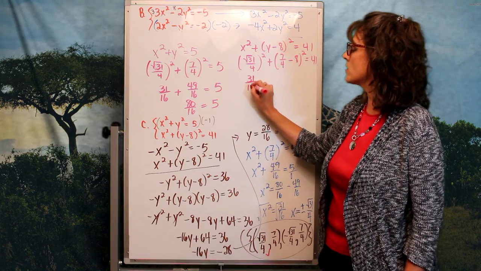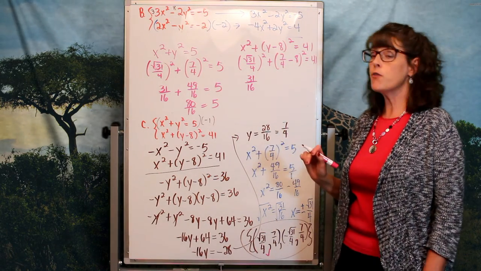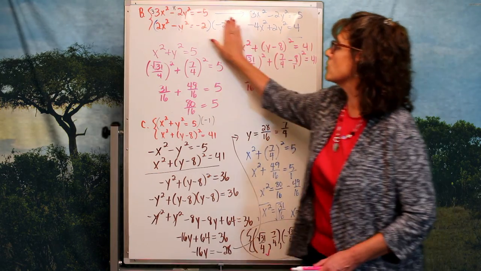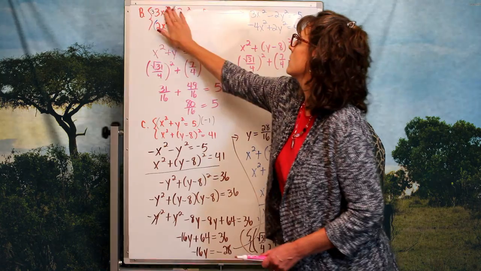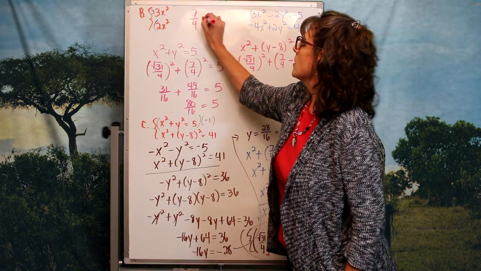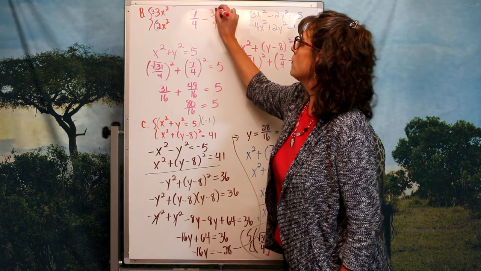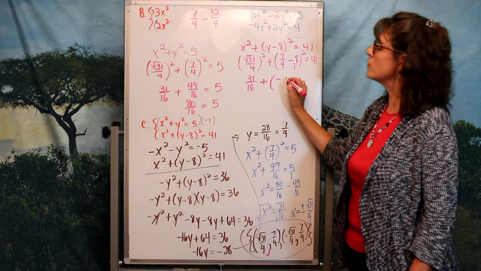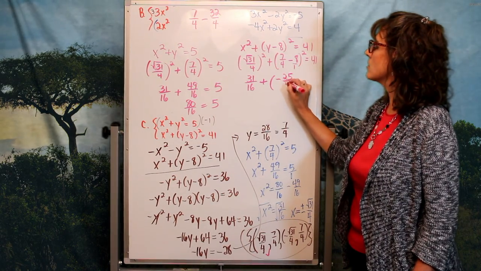I've got 31 over 16. Here, 7/4 minus 8, put the 8 over a 1, and now that common denominator is going to be a 4. So my 7/4 will subtract 32/4, and 7/4 minus 32/4 will be a negative 25/4.